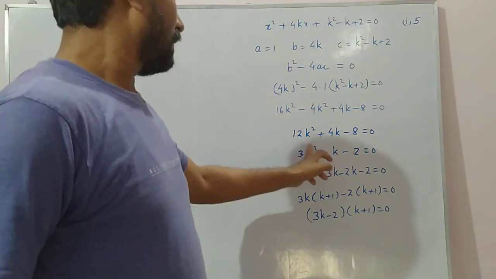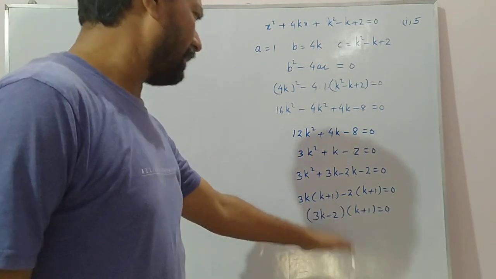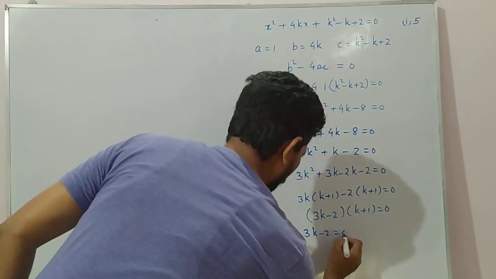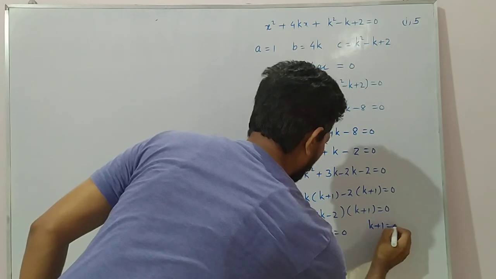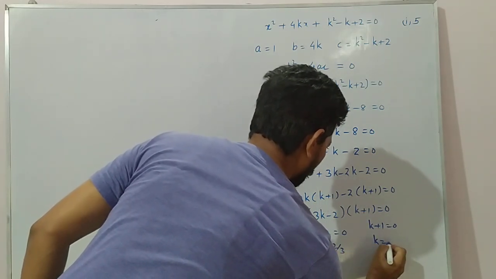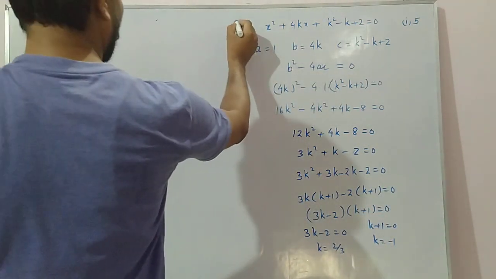So 3k minus 2 equal to 0, k plus 1 equal to 0, k equal to 2 by 3, k equal to minus 1. Next, question number 5, part 2, and you will see.